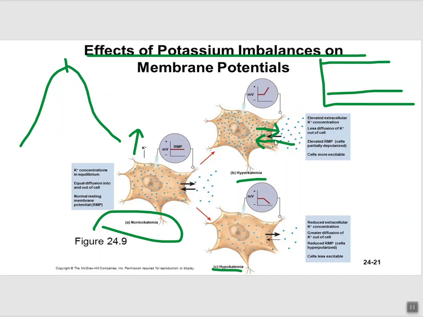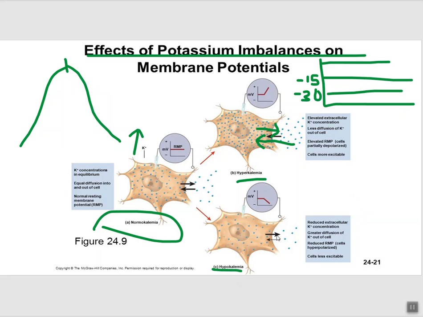It's going to be much more difficult to repolarize, but since I'm bringing more potassium in, I'm taking that, say, minus 30, and maybe I'm moving it to minus 15. I'm just picking numbers out of a hat, guys. But the point is, I've raised the resting membrane potential closer to threshold, so it's going to be a lot easier to get this guy to fire. May not be as easy to get him to repolarize, because repolarization is potassium leaving the cell.